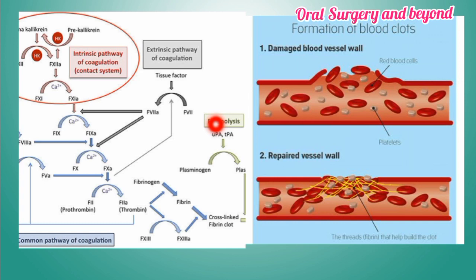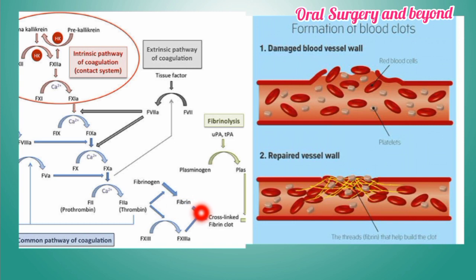Let us see the mechanism of bleeding. I am not going into detail, but we all know there is a common coagulation pathway, an intrinsic pathway and an extrinsic pathway. There is always prothrombin to thrombin formation with the help of clotting factors, and thrombin to fibrin formation.